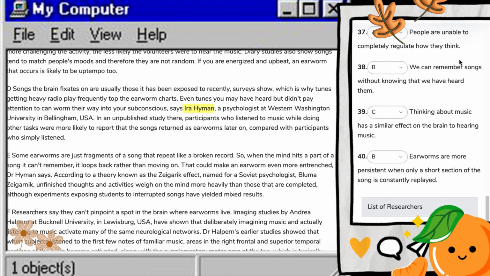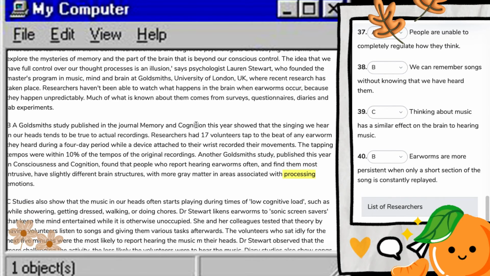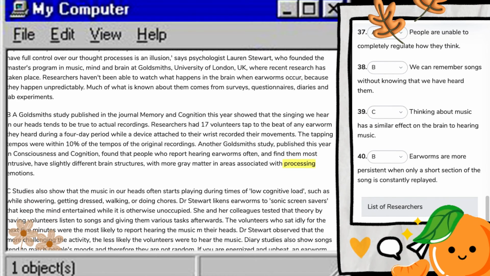People are unable to completely regulate how they think. The keyword here is unable to regulate how they think.